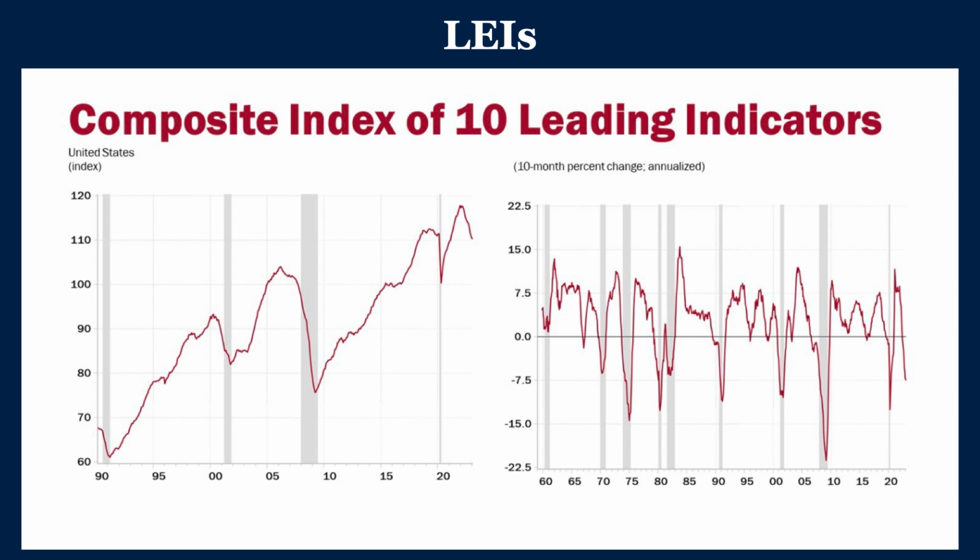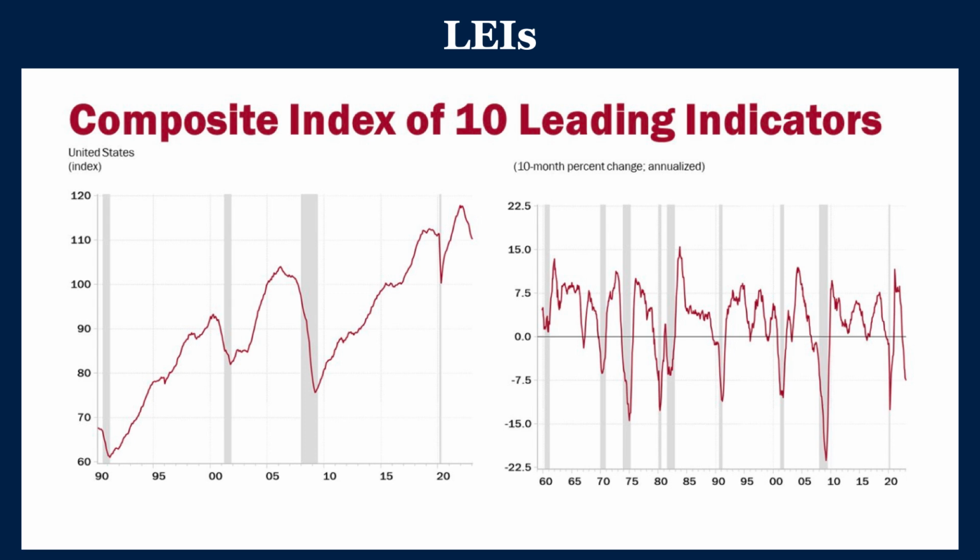If we look at this chart here, the composite index of 10 leading indicators, the LEIs for short. On the left, that's the index, and on the right, you can see the percentage change over 10 months, and then annualized.